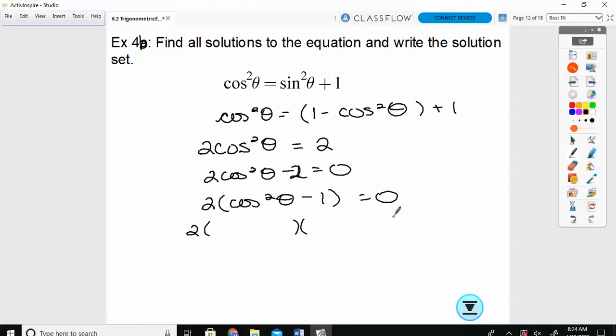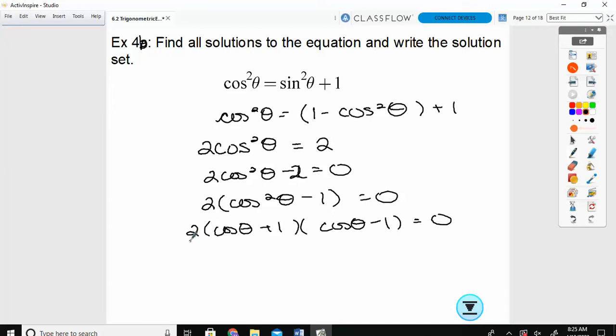Cosine squared minus 1. What could that break into? Oh, cosine plus 1, cosine minus 1.